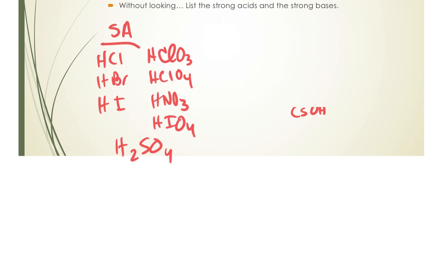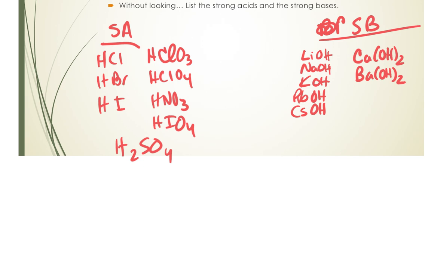We don't worry about francium because francium doesn't exist very far out there. And then group 2 ones that start with calcium and go below calcium. So calcium hydroxide, barium hydroxide, strontium hydroxide, and radium hydroxide.